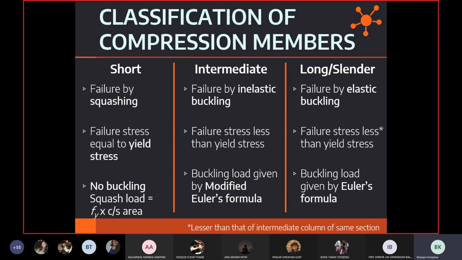And therefore, it is called elastic buckling because the entire section is elastic. Is this clear? Yeah. That is the difference between short and slender. In intermediate, either a part or the entire section might yield at failure, but the failure starts by buckling.